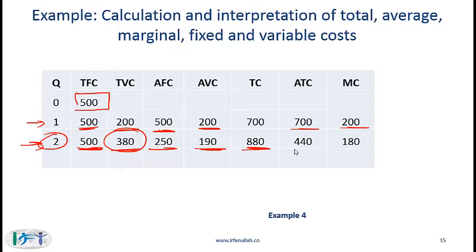Average total cost is the total cost of 880 divided by 2, and the marginal cost is the additional cost of producing one more unit. There are two ways of arriving at 180. You can look at the change in total cost, 700 to 880, or you can look at the change in variable cost, which is 200 to 380. Notice that in both cases you will get 180.